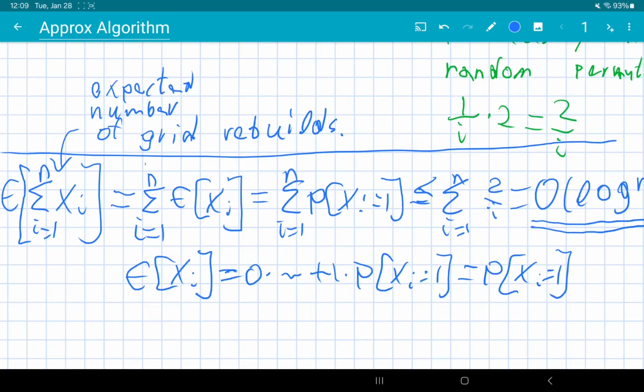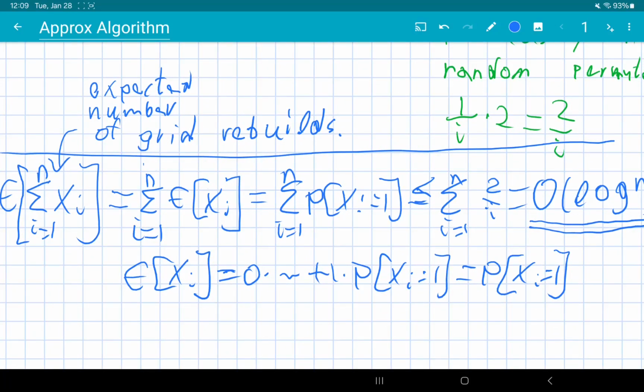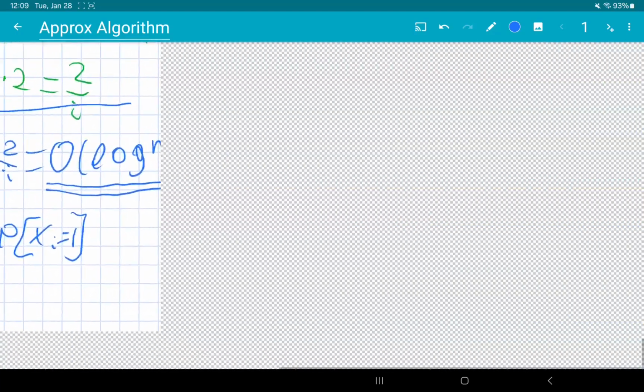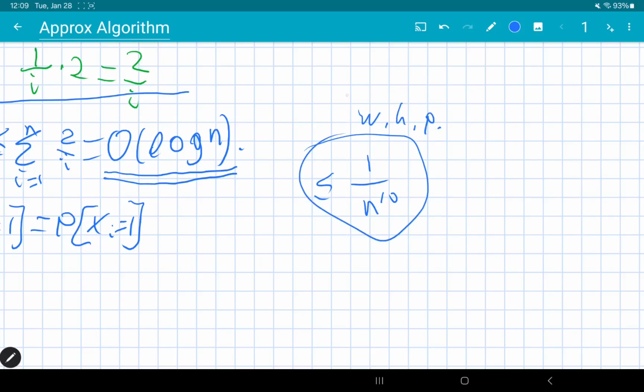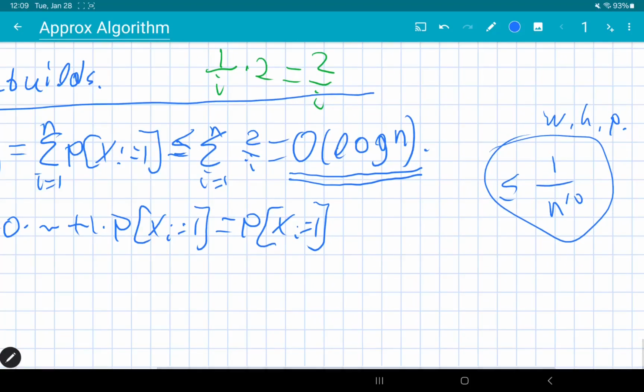High probability means that the probability that it doesn't happen is polynomially small. Something like, if you want, 1 over n to the 10th. This is the probability of this not happening, the bad probability, right? So this is what we call with high probability. The formal definition of high probability is somewhat different. Let's not go into that here.